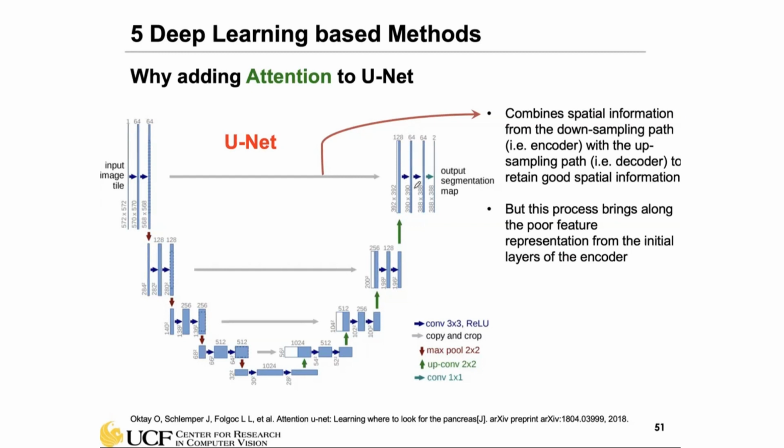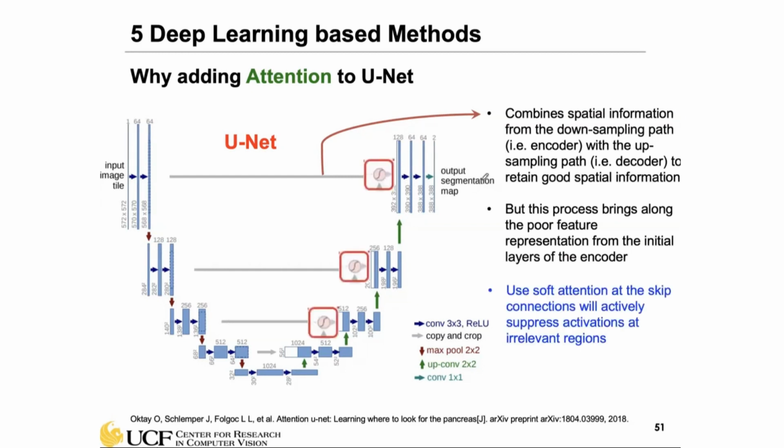So we want to use attention layers or attention mechanisms to suppress some of the activations that may not be relevant. So we only pay attention to the regions or relevant activations that are useful for this particular layer.